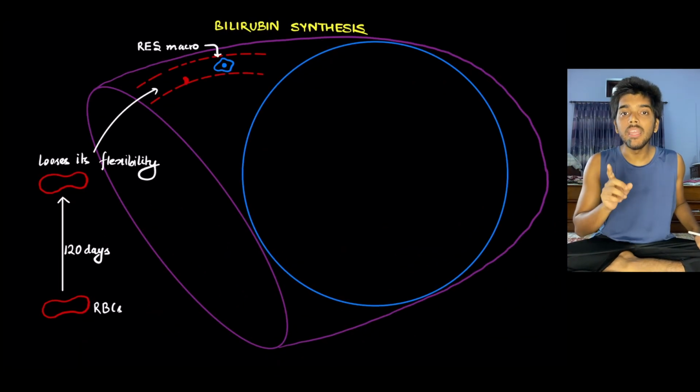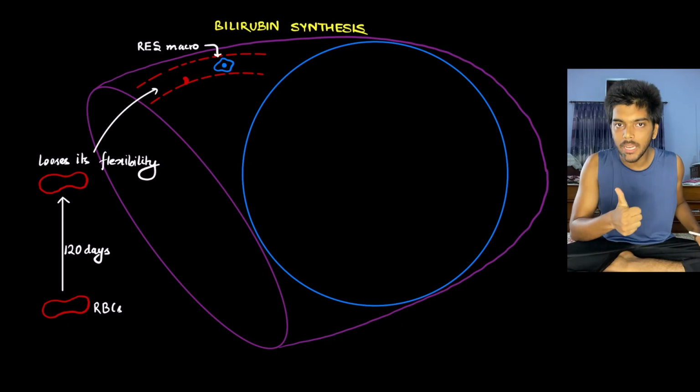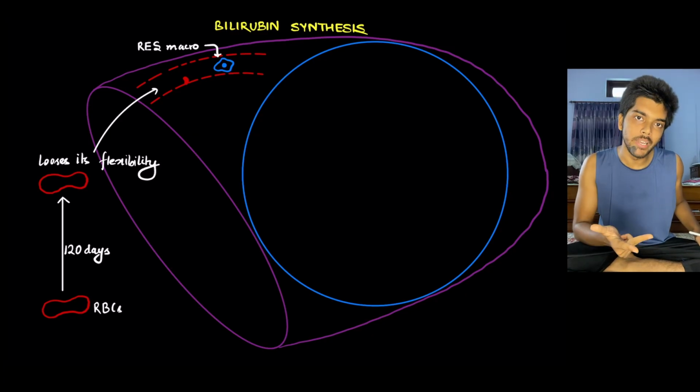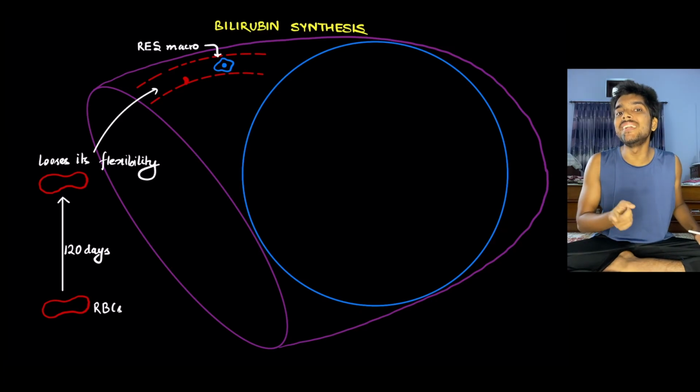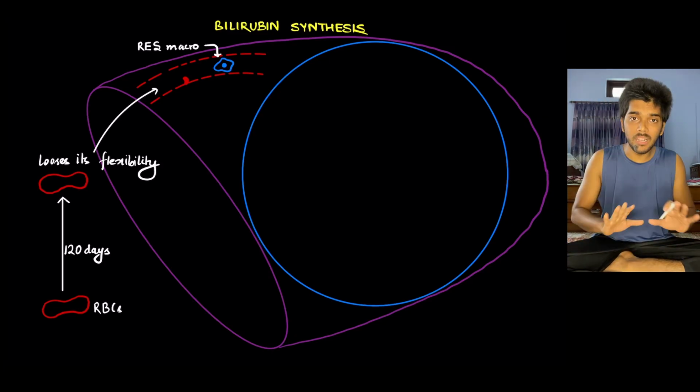Reticuloendothelial system includes the macrophages of three organs: the macrophage of spleen, the macrophage of bone marrow, and the macrophage of liver. So the old RBCs can get destroyed by the macrophage of spleen, the macrophage of bone marrow, and the macrophage of liver. But since majority of the old RBCs get destroyed by the macrophage of spleen, that's why spleen is regarded as the graveyard of RBC.